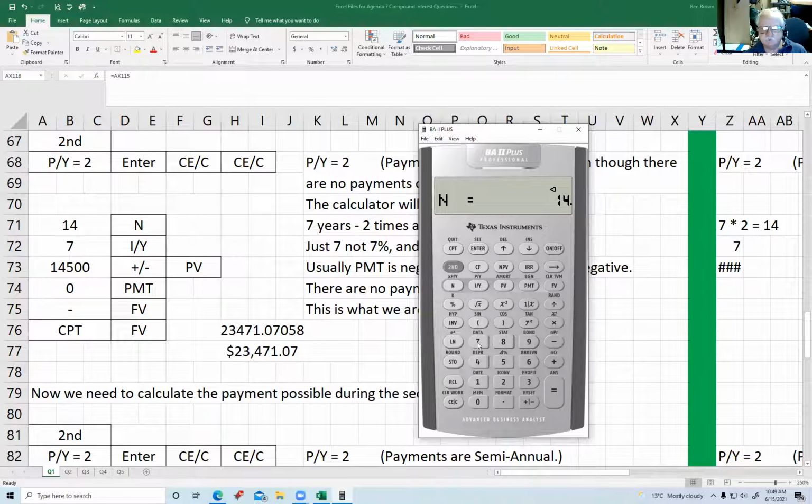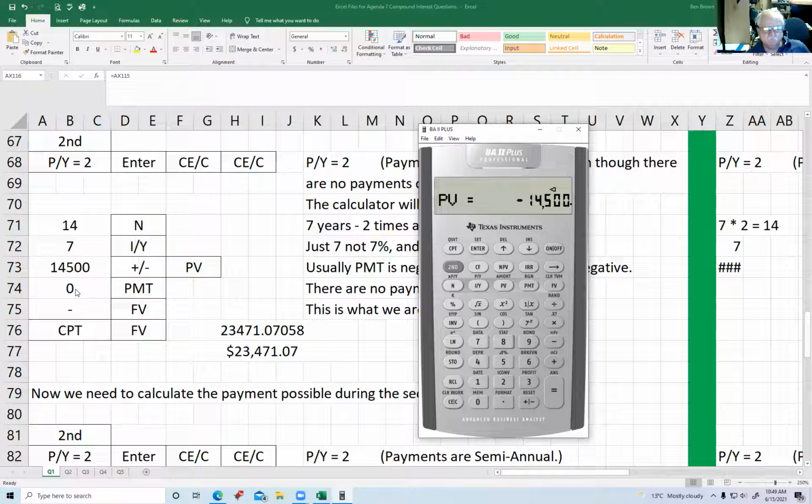The interest rate was 7%, so 7 into IY. The amount of money that had to be invested was 14500. But because it's money going into the investment, it has to be negative, and put that into present value.